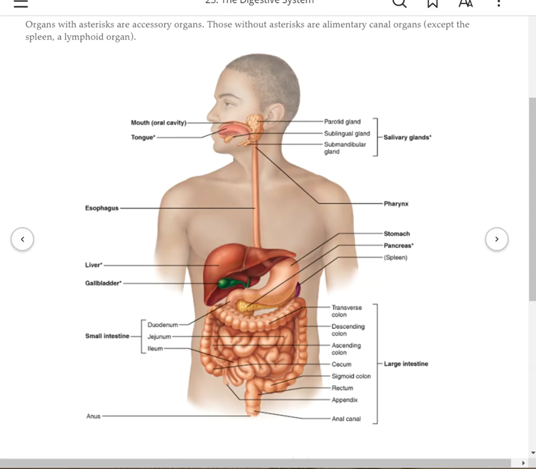But basically, what we're looking at is the digestive system, or what we call the alimentary canal, or the gastrointestinal tract, which is sometimes abbreviated as the GI tract.